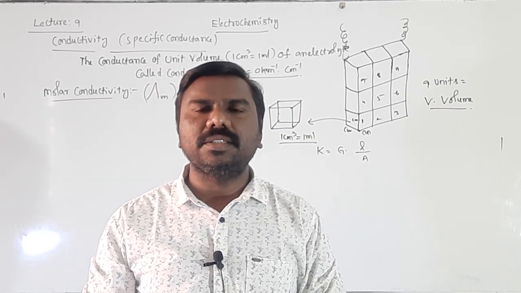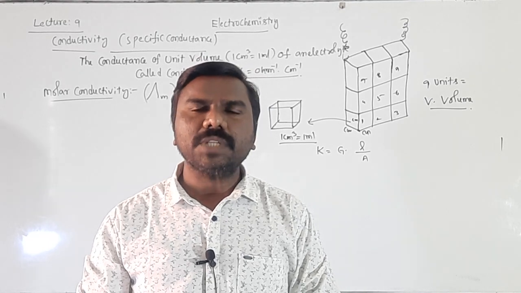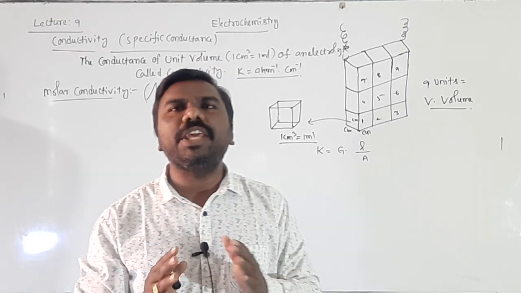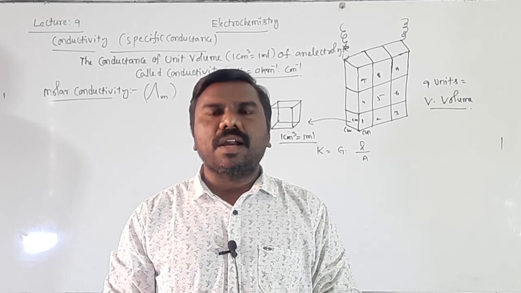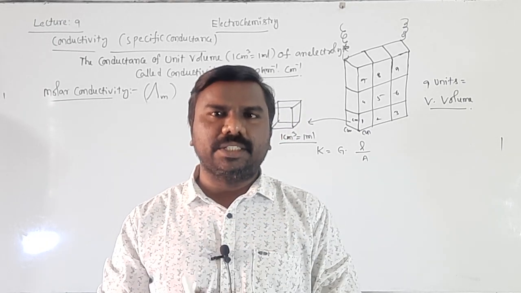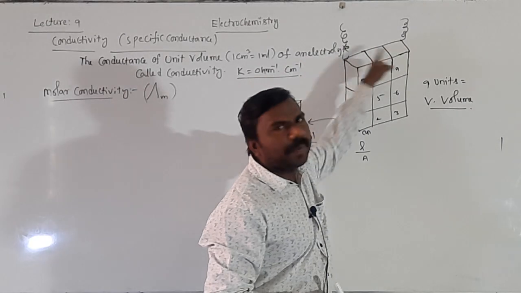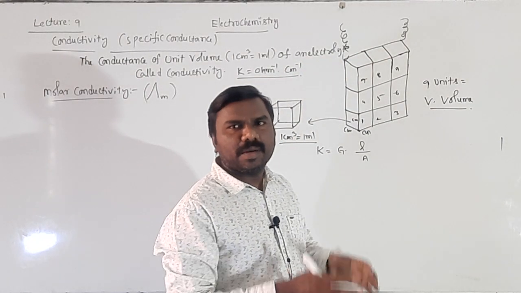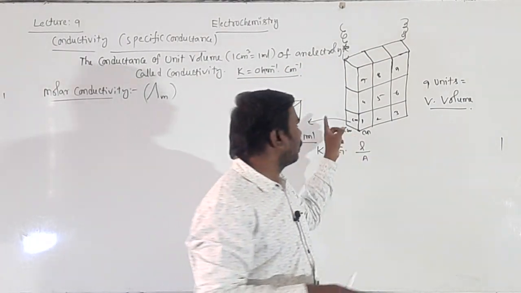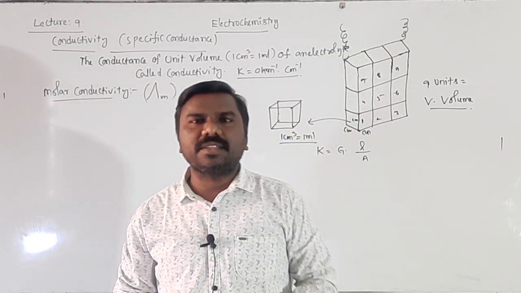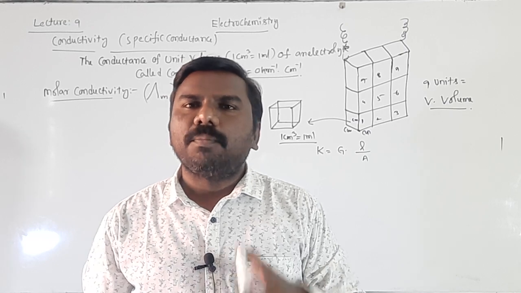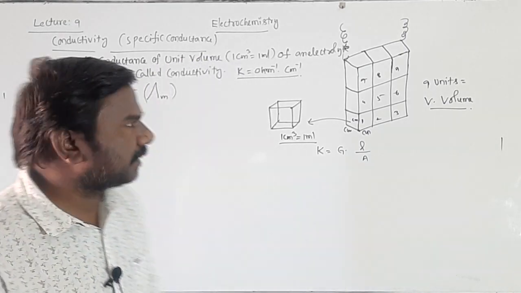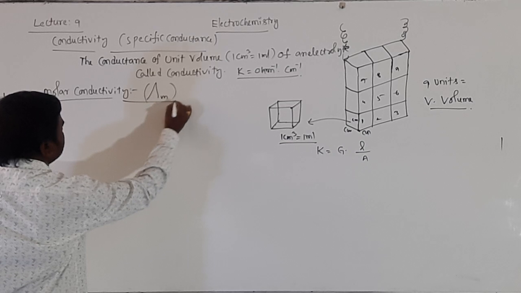Molar conductance is defined as the conductance of V volume of a 1 molar concentration of electrolyte placed in between two parallel electrodes separated by unit distance, and the area of cross section is A. Yes, that is the definition for molar conductance.